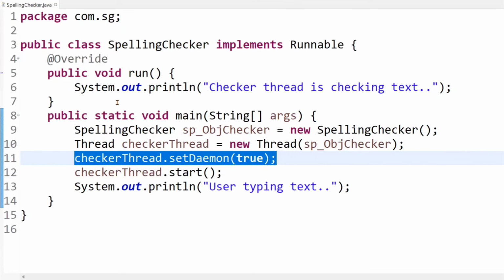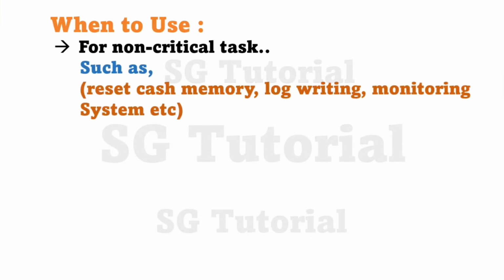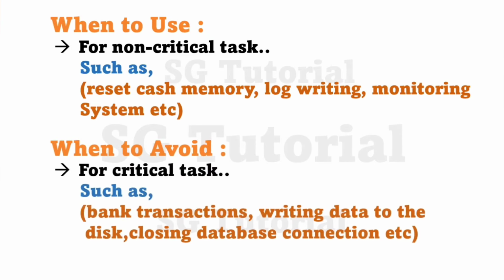So simply keep in mind, if you have to perform tasks that are not critical and should not block JVM shutdown, such as resetting cache memory, log writing, monitoring systems, etc., then always go with daemon threads. And remember, if you have to perform tasks that must complete and require proper shutdown, such as bank transactions, writing data to the disk, closing database connections, etc., then avoid daemon threads, because daemon threads can terminate in the middle of execution.